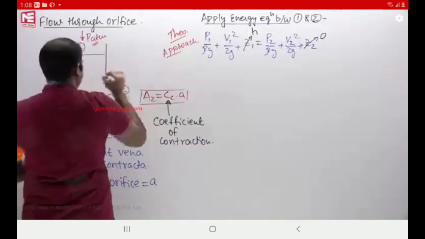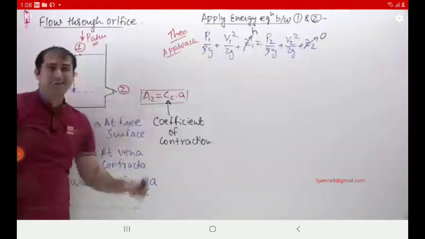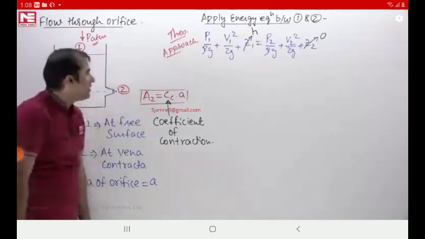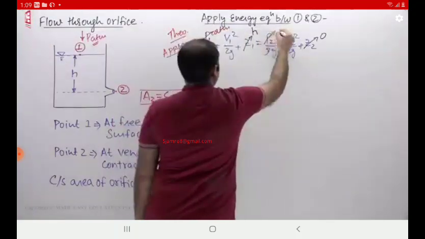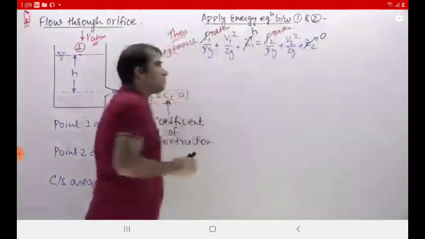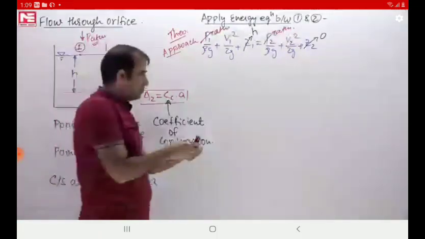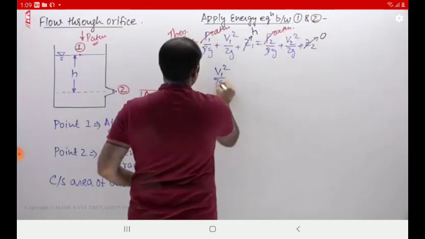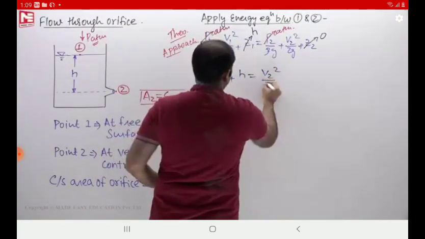Now the pressure condition at 2: it is outside, so the pressure here is also P atm. In this way, V1 square by 2g plus H is equal to V2 square by 2g.